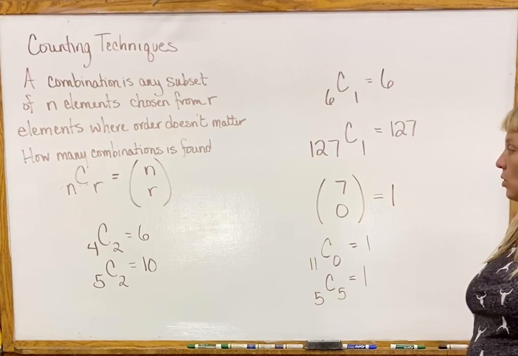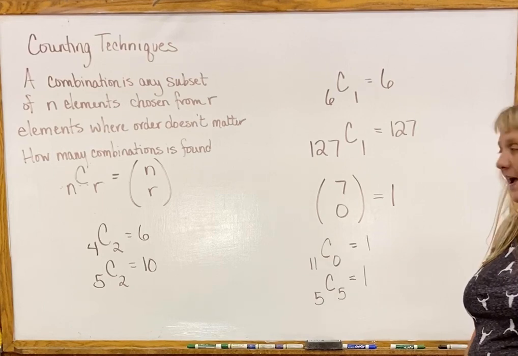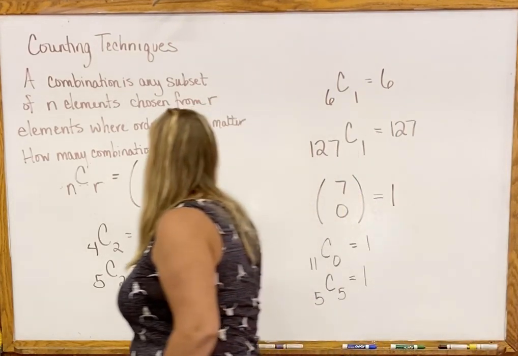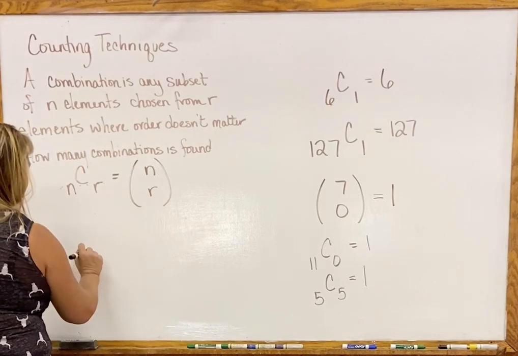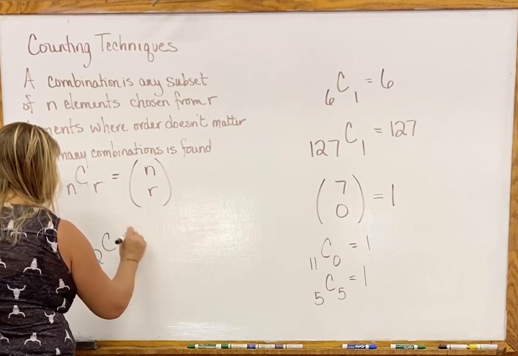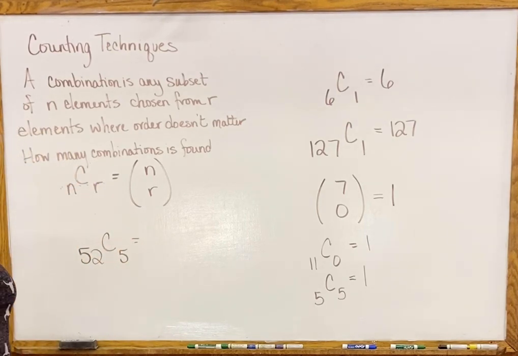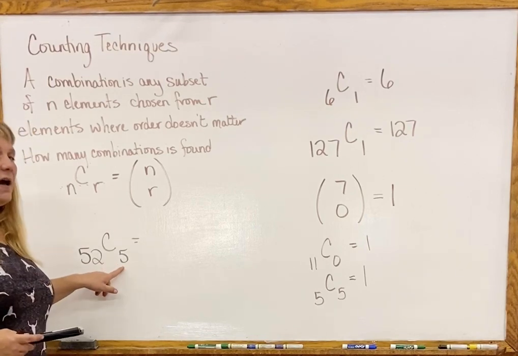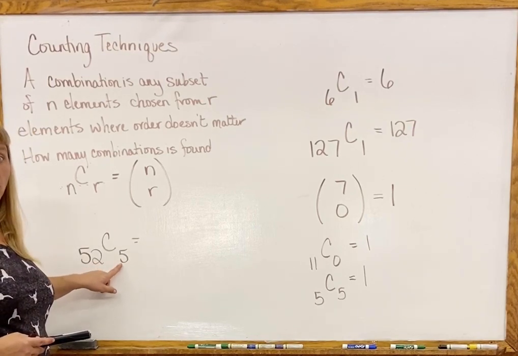The thing about combinations is that these numbers can get large fast. As an example, what if I asked you to do 52 choose 5? Think about this before we actually do it. 52 is a number that should start to pop into your head: it's how many cards there are in a deck. 5 would be the number of cards in a poker hand.